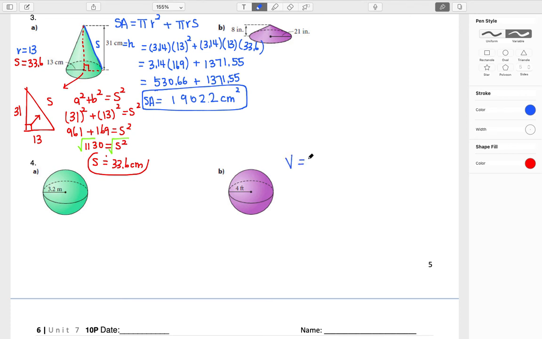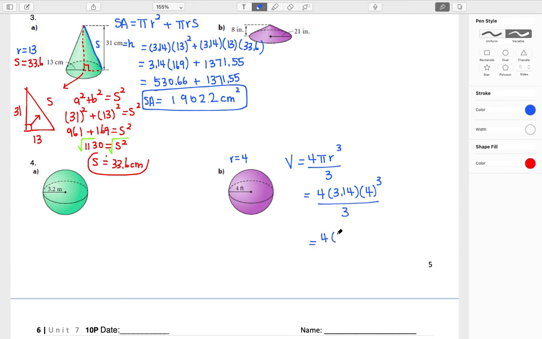Volume of sphere is 4 pi r cubed divided by 3. So in this equation, I don't need anything other than the radius, which we're given. It looks like radius is 4 feet. So let's plug it in. 4 times 3.14 times 4 cubed divided by 3.